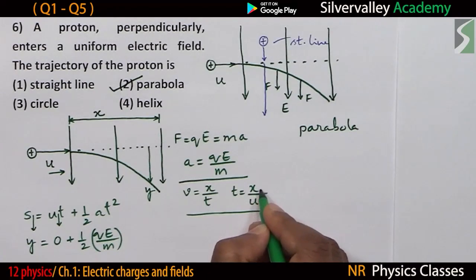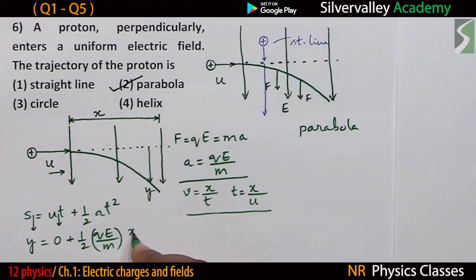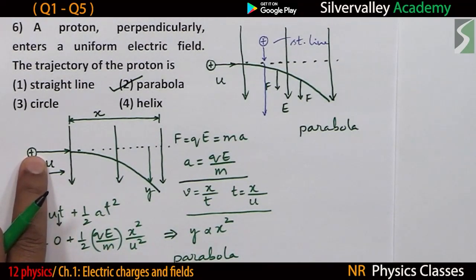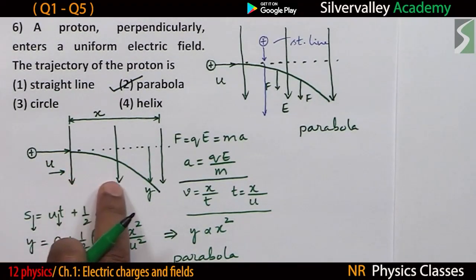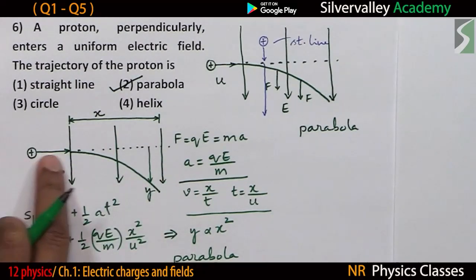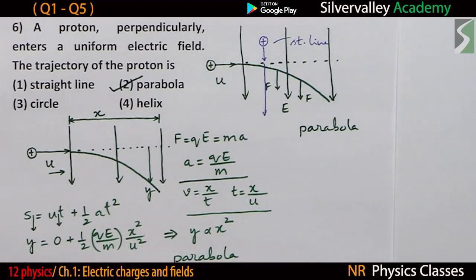T square is x square by u square. Observe, displacement is proportional to x square. Displacement is proportional to x square, and this represents a parabola, isn't it? Parabola. That is why path of a charged particle entering a uniform electric field perpendicularly is a parabola.